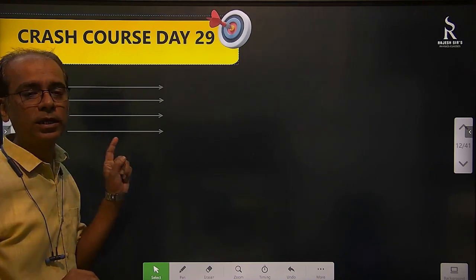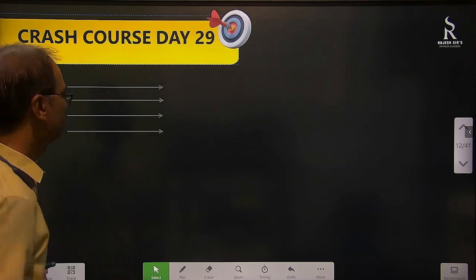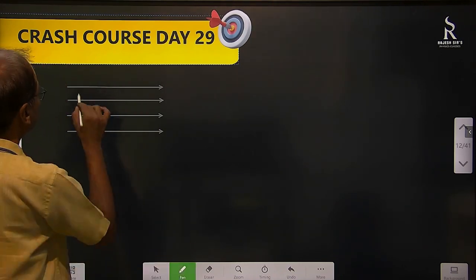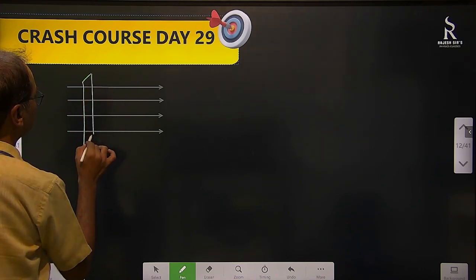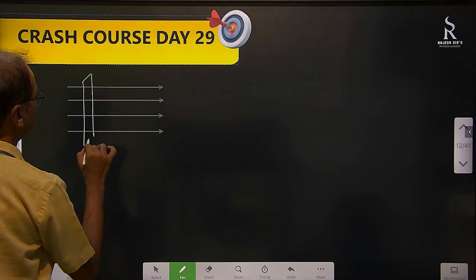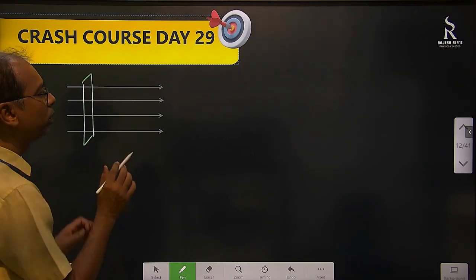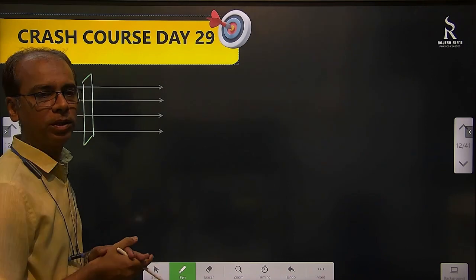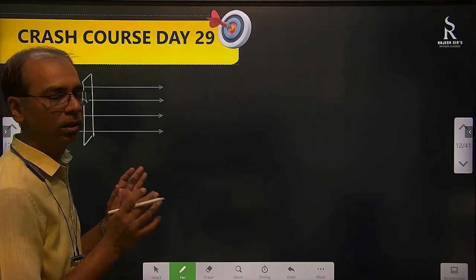Rays of light means energy. Energy is coming like this. Now how will the wavefront be? Plane, like this. This is the plane wavefront. Now what we want is to keep one optical instrument in front of this one, and see how the shape of the wavefront is going to be.